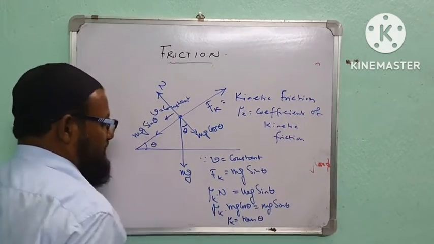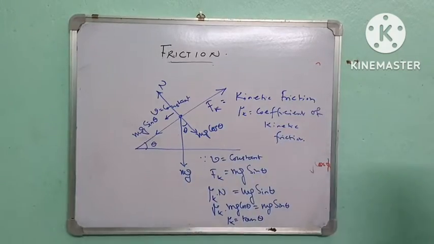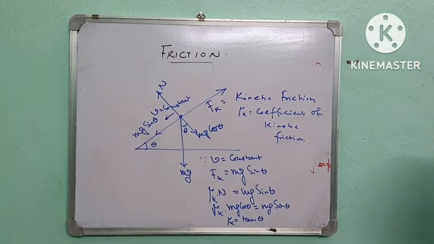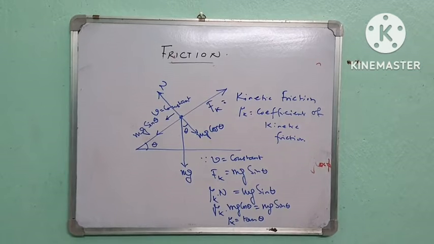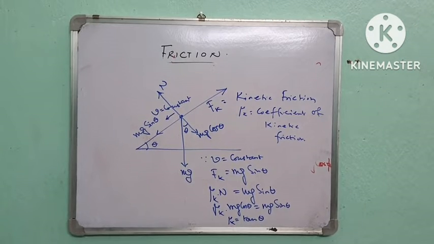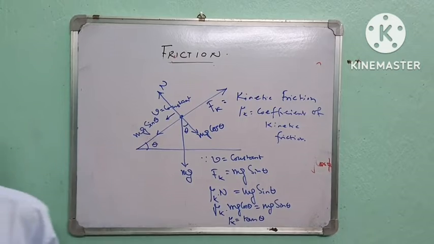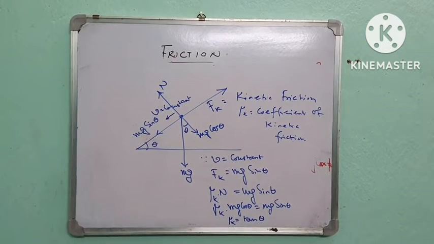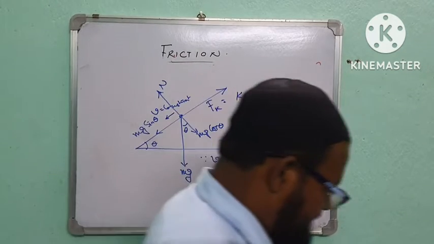Please write down: Fk is kinetic friction, and mu k is the coefficient of kinetic friction.